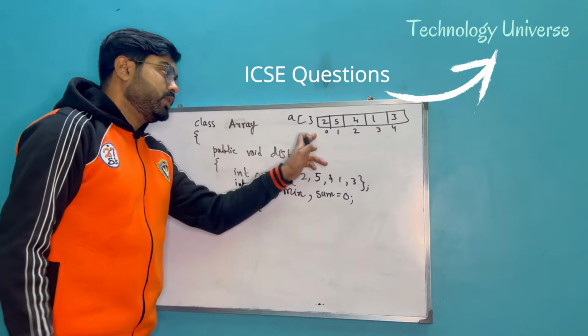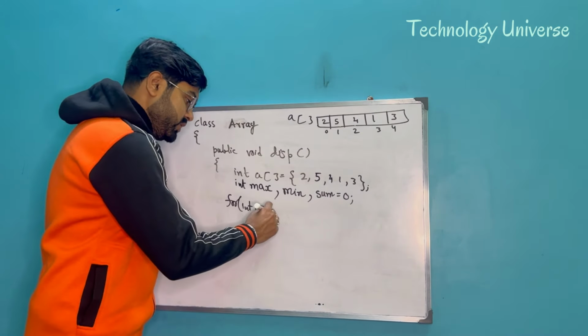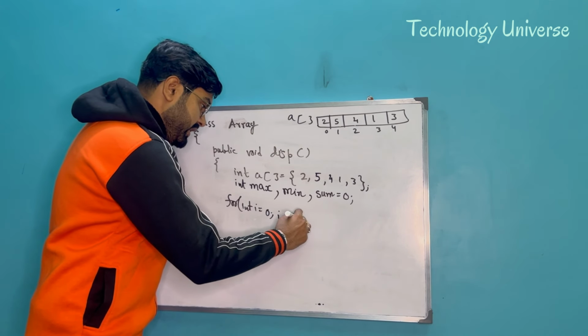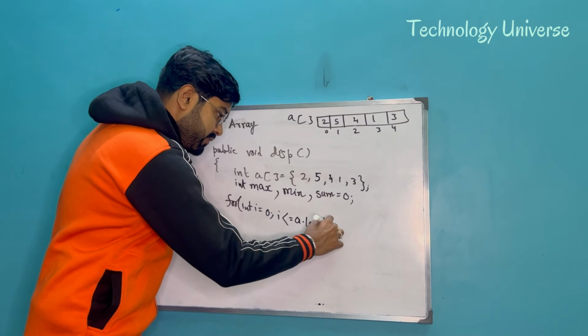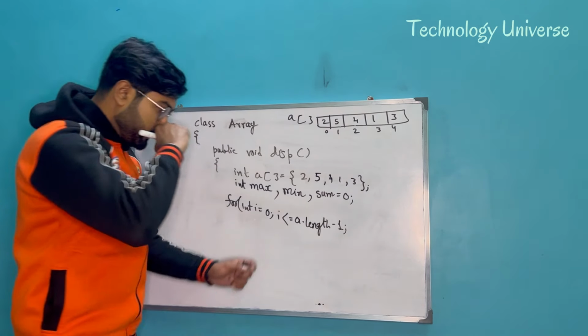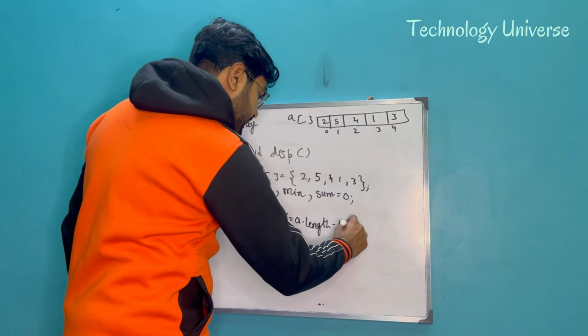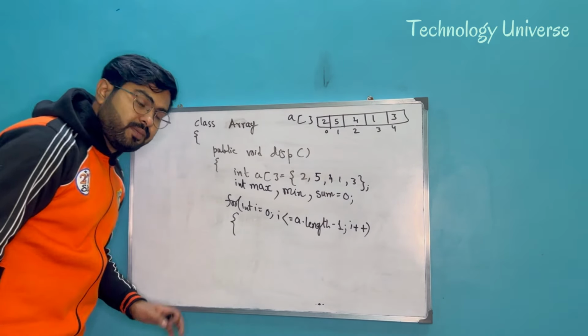The index starts from 0 to the length minus 1. So i's value would start from 0 and end at the array length minus 1. Since I have written smaller than or equals to, it is the length of the array minus 1, i plus plus. So now we are inside the body of the loop.